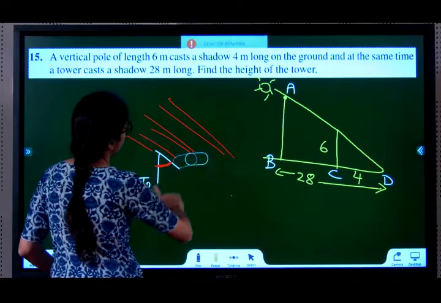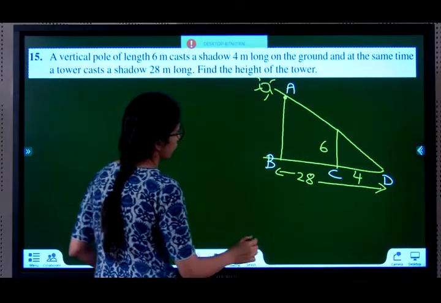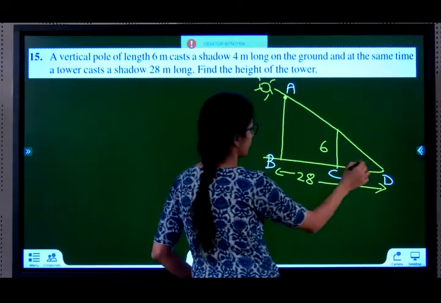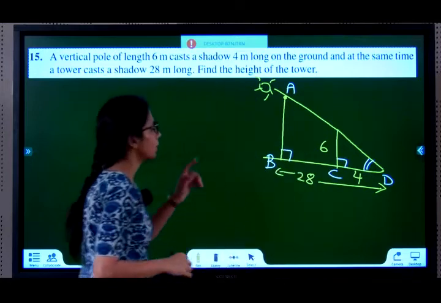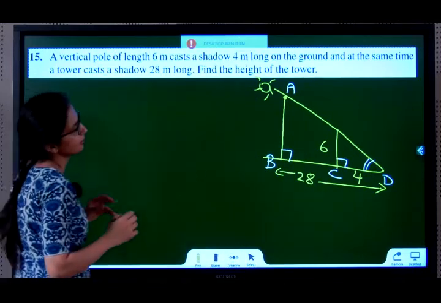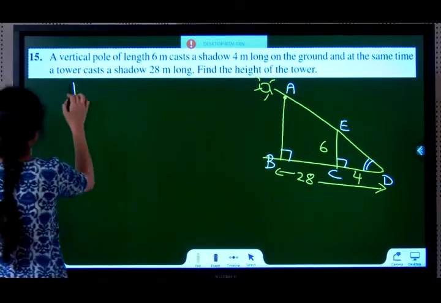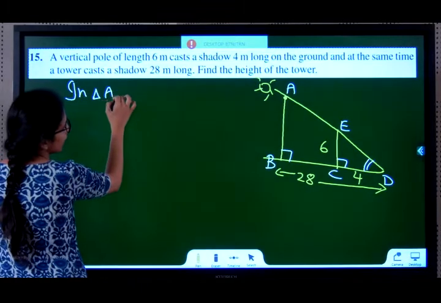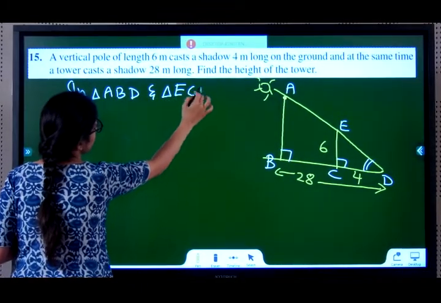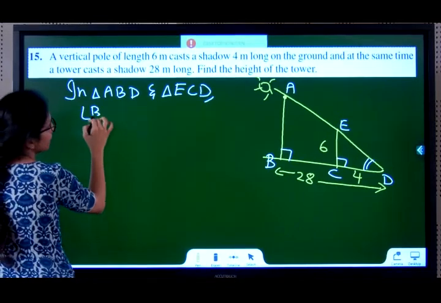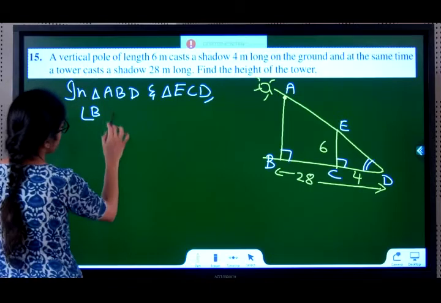Now, if you take them both in one triangle, I am going to be doing this. Angle D is common. This is 90, this is 90. So ABD is similar to ECD. Fine. So in triangle ABD and triangle ECD, angle B is equal to, I simply can't write angle C. Why?